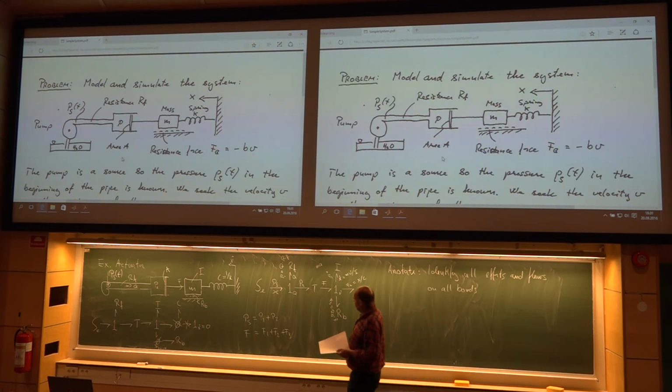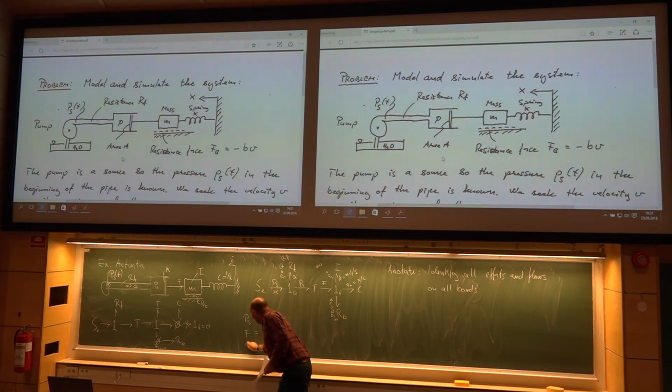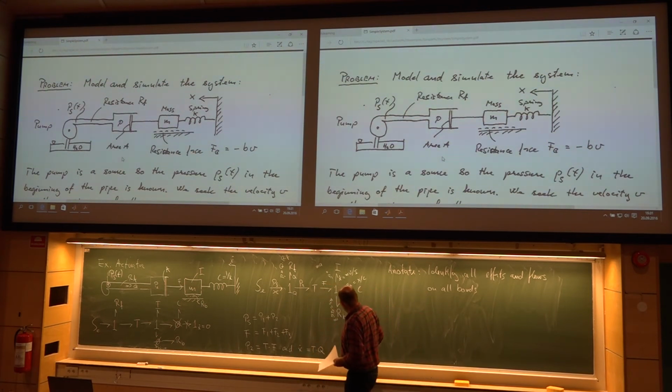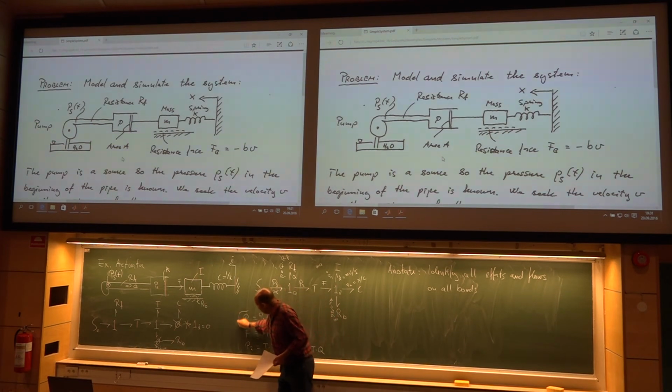So there you have the 2 summation equations. You will have a whole bunch more equations. For this transformer, you will have 2: pressure 2 equals transformer times force, and the velocity x dot equals transformer multiplied with the volume flow. You will have more equations. Here we have 3.